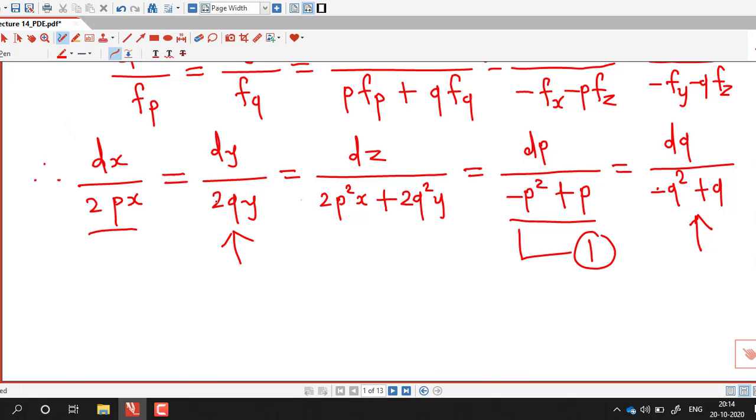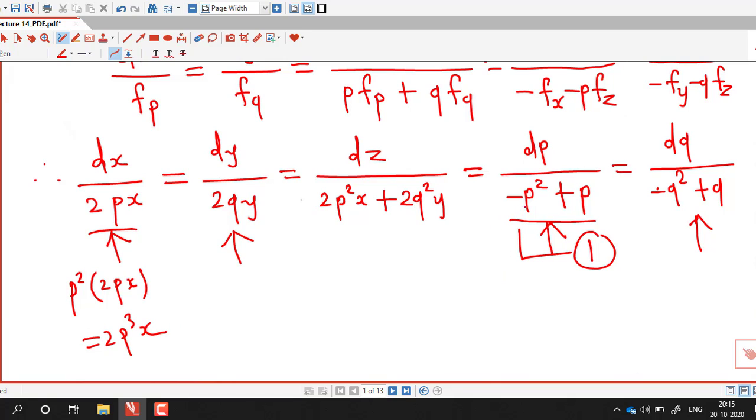What we are doing is generating new fractions by selecting proper multipliers. We will generate one fraction by using these two fractions, dx and dp. How to select proper multipliers? Here we have minus p square and here I have 2px. If I multiply by p square, then I will have 2p cube x.